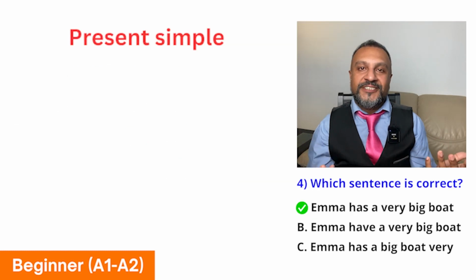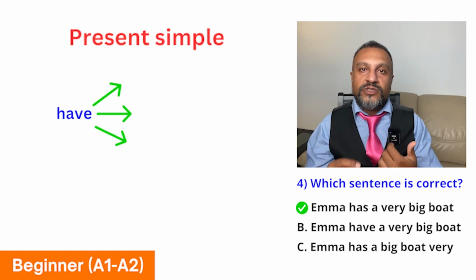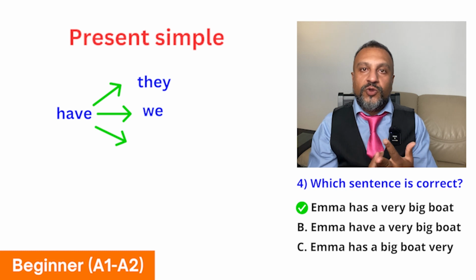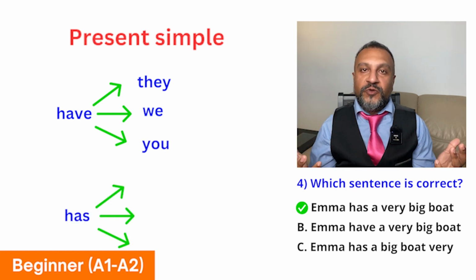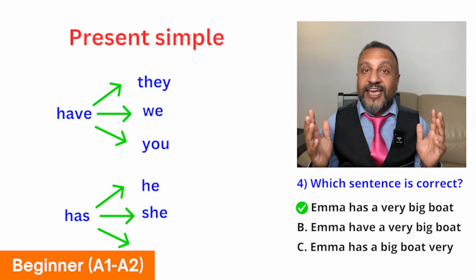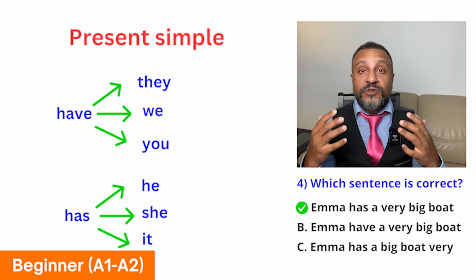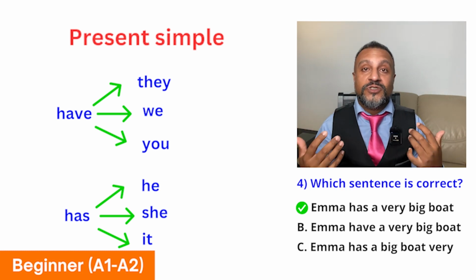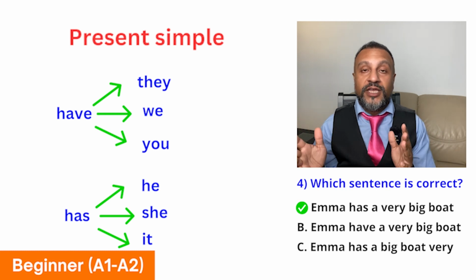This is the present simple with have and has. With have, we use they, we, you. With has, we use he, she, and it. For singular nouns, we need to use an article. We can use a, an, or the. In this case, we use a.